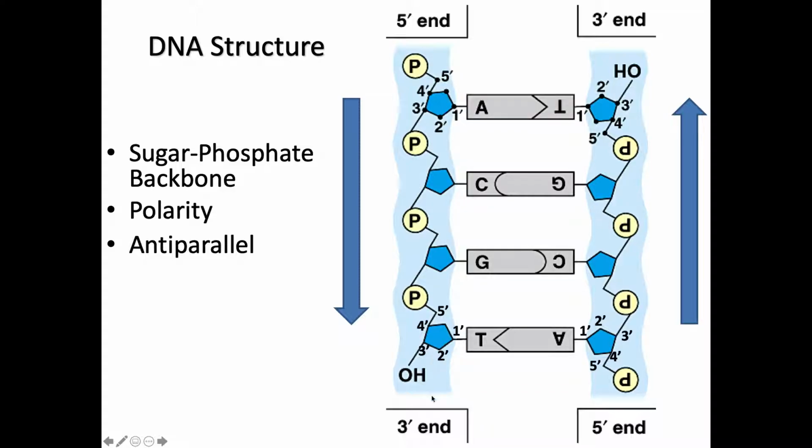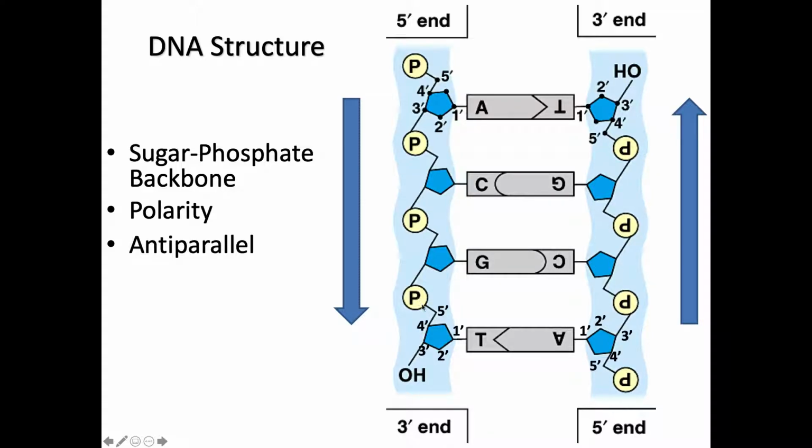And then at the other end of the same strand, you have a hydroxyl group attached to the third carbon. So carbon 1, carbon 2, carbon 3. So this hydroxyl group, this OH, is attached to the 3' end. So that's why it's called 3'. So 5' end phosphate, 3' end hydroxyl group.